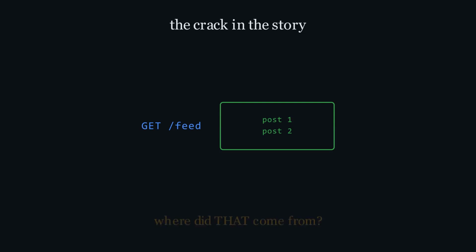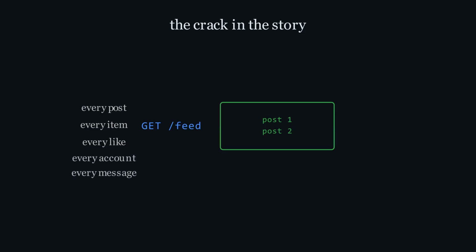The crack in the story. The machine answered get slash feed with a feed. But where did that feed come from? Something has to be keeping every post ever written, every like, every account, every message. Instagram stores hundreds of billions of photos.